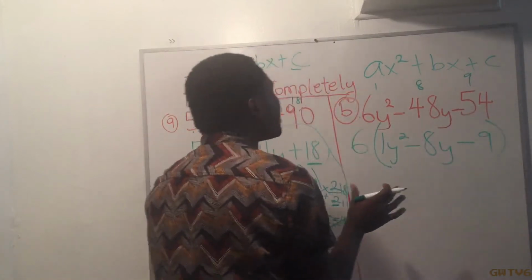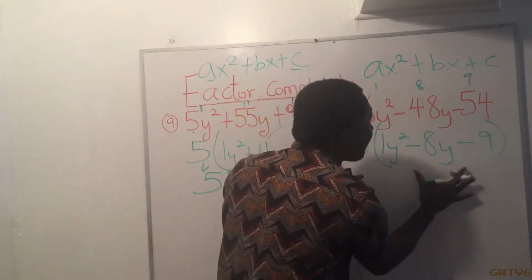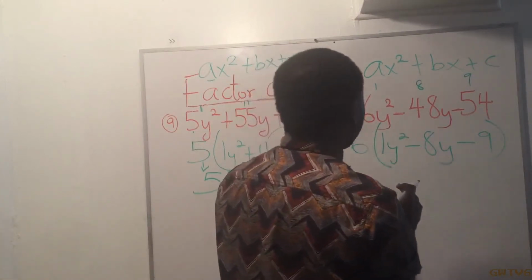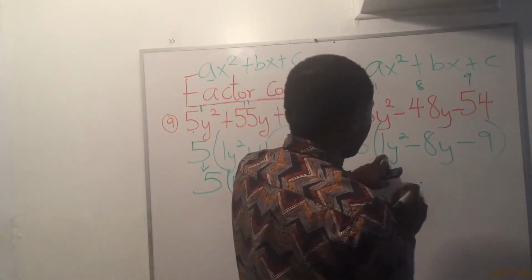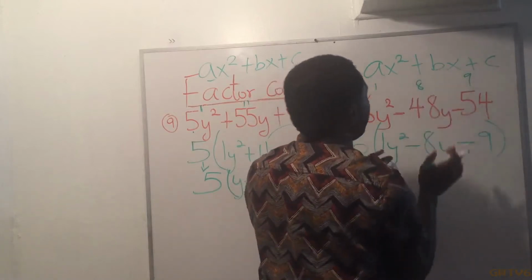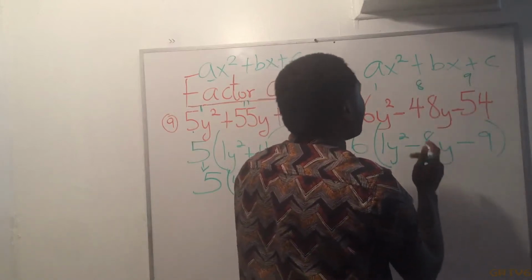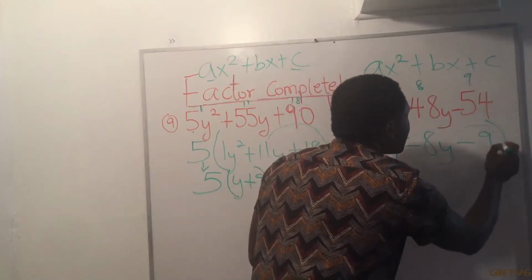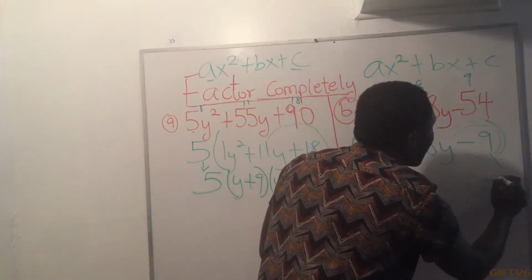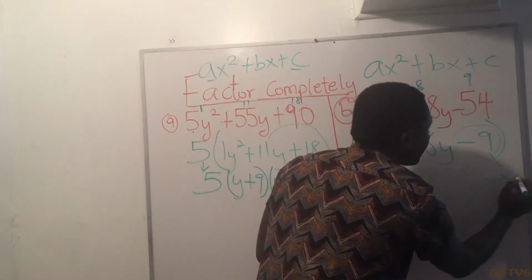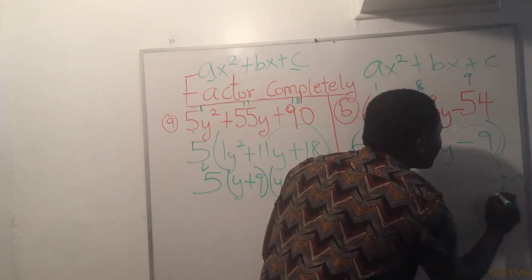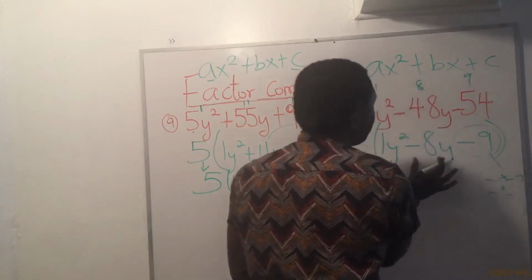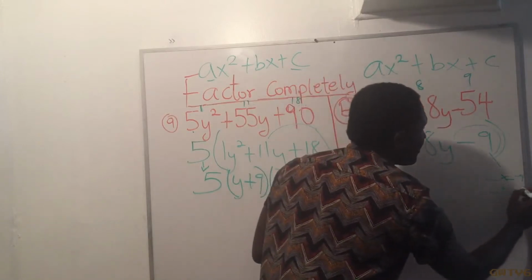And at this point, I'm going to just try to see if I can factor what I have in the parentheses. When the leading coefficient is 1 and it's in this form, it's easy. What I'm doing is looking for 2 numbers that if I multiply, I should get this negative 9 right here. But if I add those same 2 numbers, I should get the middle number, which is negative 8.